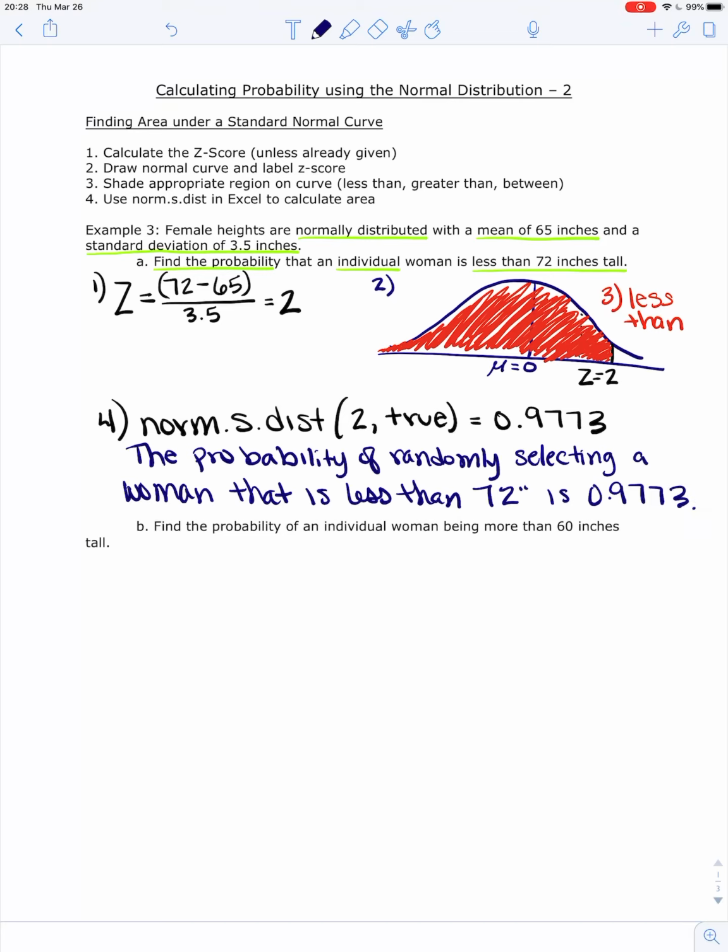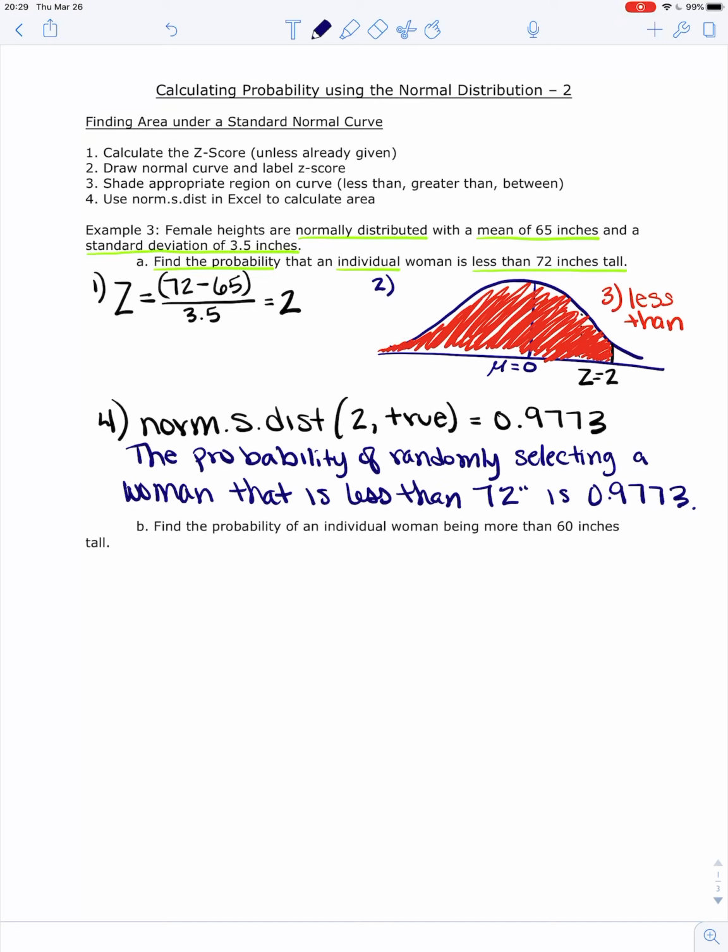That makes sense if you remember that 72 inches is 6 feet tall. Most women are going to be under 6 feet tall, so you have a very high probability of selecting a woman under 6 feet if you pick a random woman. If my population was WNBA players, this would look much different because the mean would be much higher.